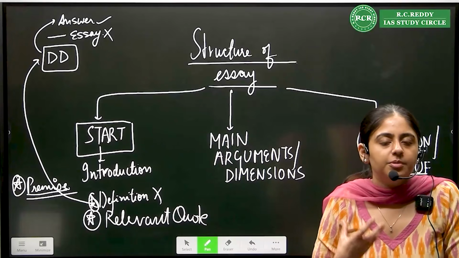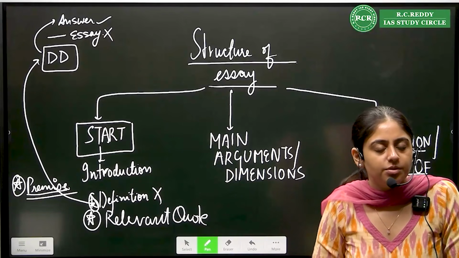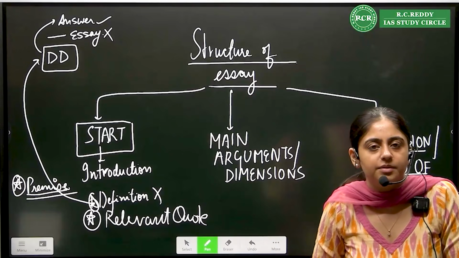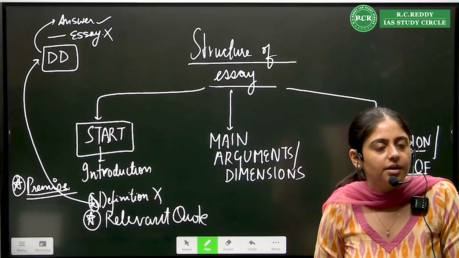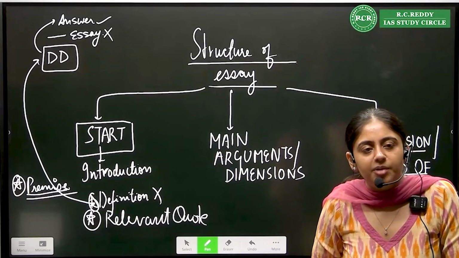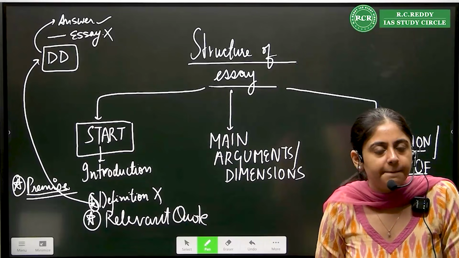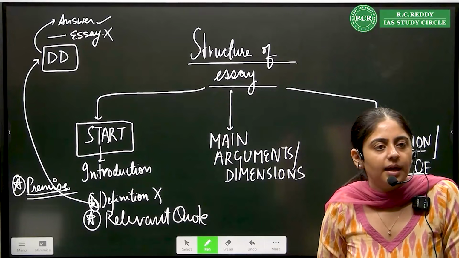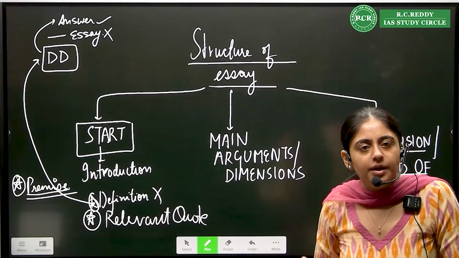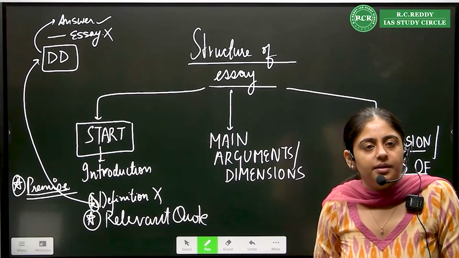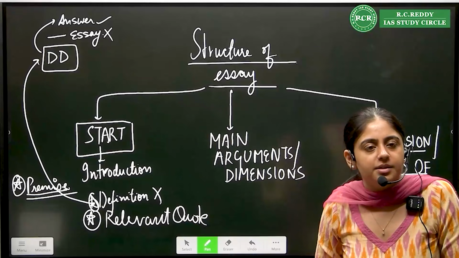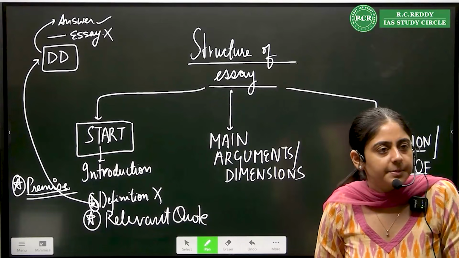Say for example it is about women reservations. You do not start with the definition that women reservation is giving them reserved seats in the legislature so that they can be MPs, MLAs, etc. You start with a premise that since the dawn of time, women have not been given enough representation and participation in political matters.